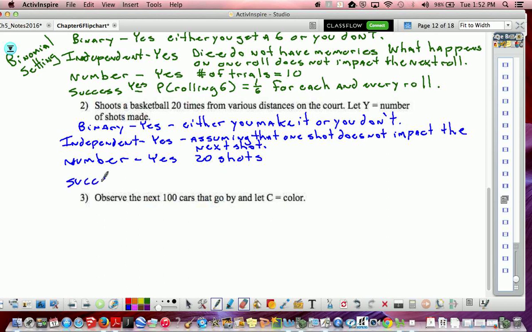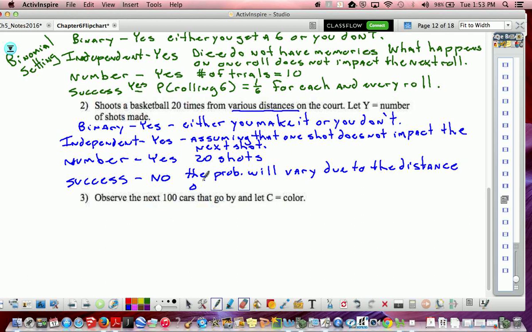Success. Is the probability of making a shot the same? But it says various distances. It says various distances, doesn't it? So this would be no. The probability will vary due to the distance of the shot.